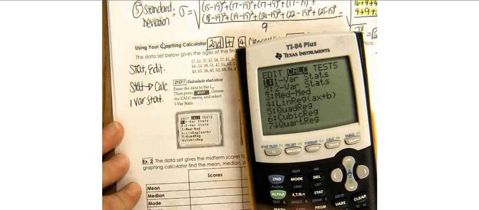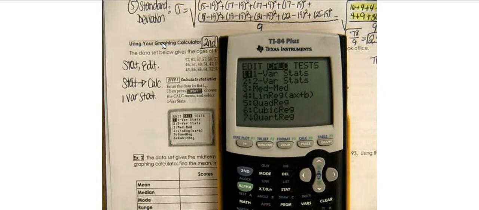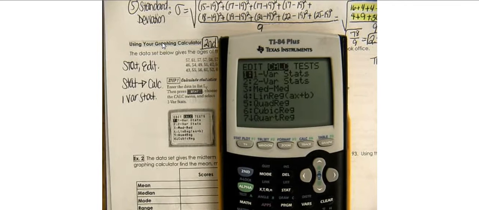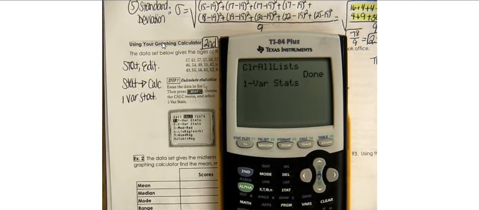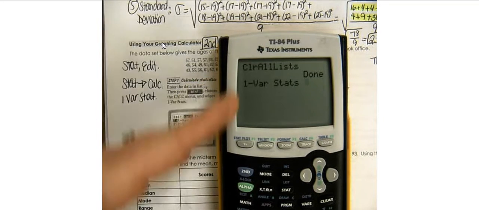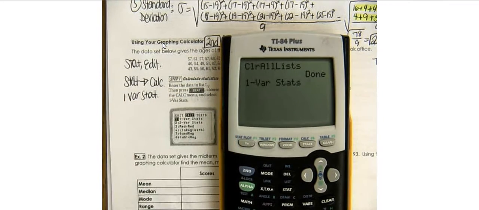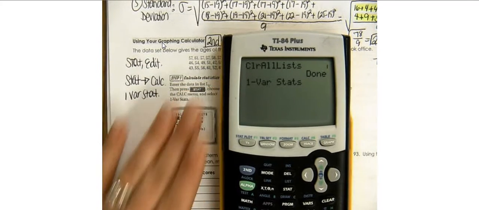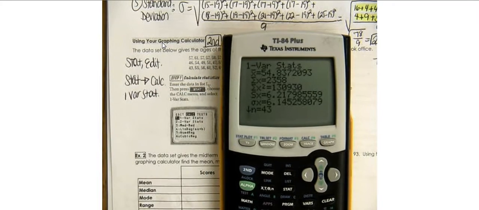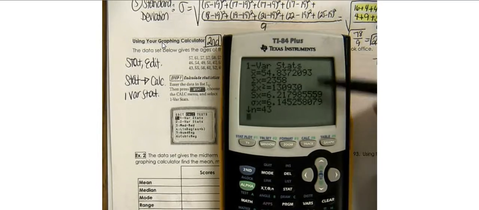One variable stats means that we're not working with x's and y's, we're just working with a set of data values. Some of you, when you click one variable stats, might end up with a little list that comes up. Some of you might have a blank screen. Some of you might have a screen that looks like mine. You can just press enter again, and then you'll end up with all of your stats.